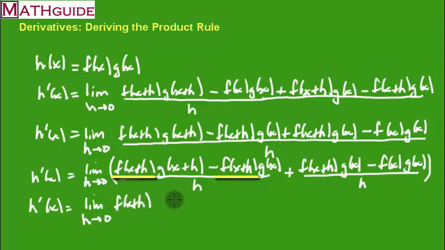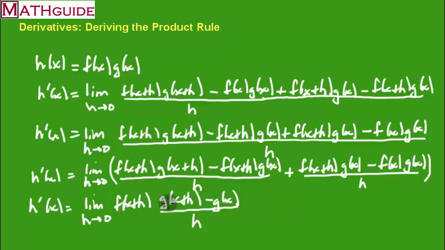If I factor that out, what's left is g of x plus h minus g of x. Okay, so this is one thing, and remember I just took out a factor of f of x plus h.